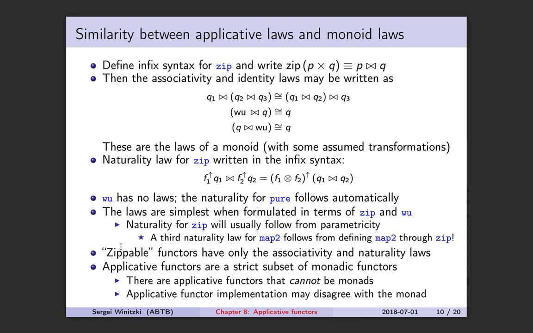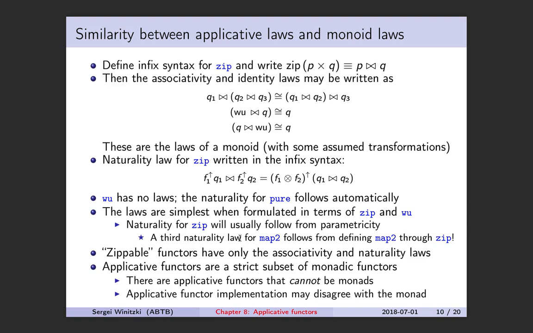Actually, it's interesting that we have not seen the third naturality law for map2. We have seen two naturality laws, and we have derived naturality laws for zip. But actually, when we define map2 through zip, there's one more naturality law, which we will see shortly. And now it became obvious that we were missing a law.